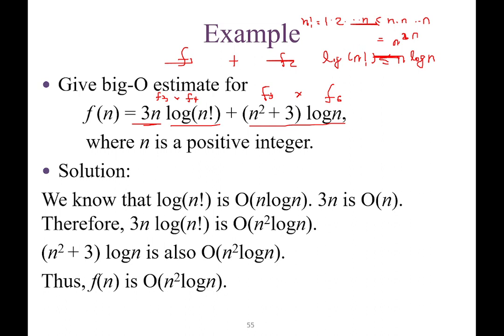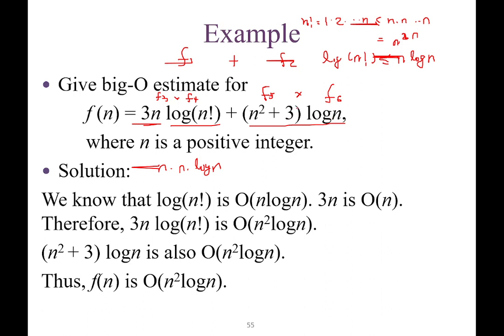So don't be afraid if you see very strange terms. For example, log of factorial of n is less than n log n. So for f3 times f4, we have n times n log n. And for f5 times f6, we have n squared times log n plus 3 times log n.